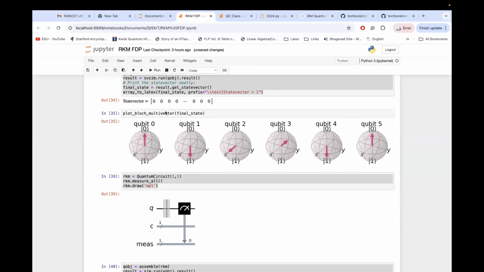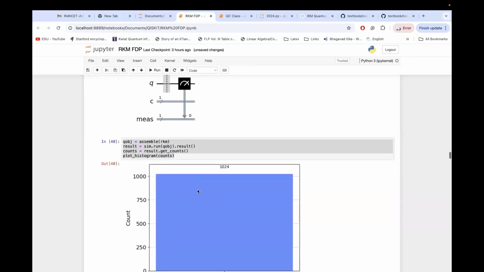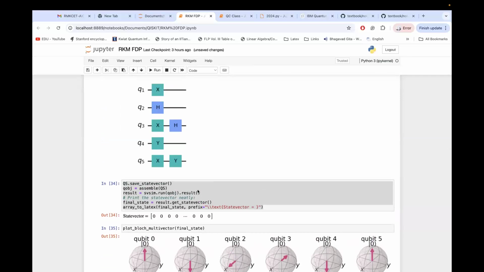Actually, I didn't introduce the Bloch vector formally, but in the workshop, someone might have introduced what the Bloch vector representation is. So if you know that already, you can use this Qiskit command to get the Bloch vector representation for your quantum state.